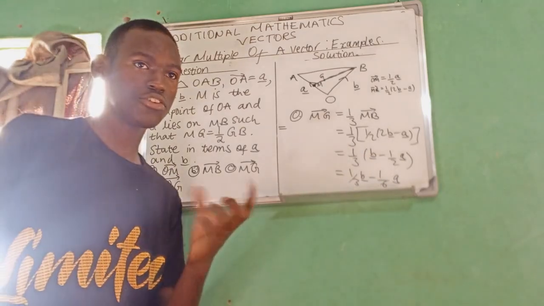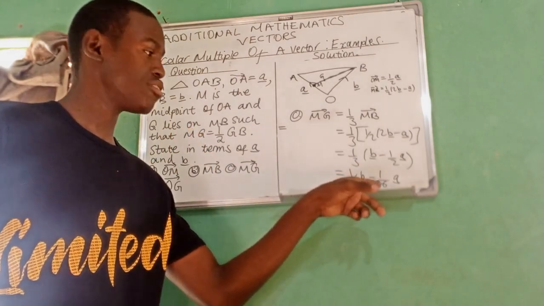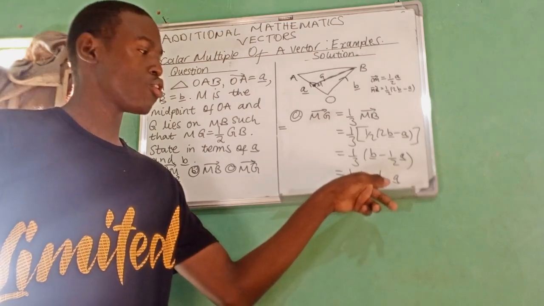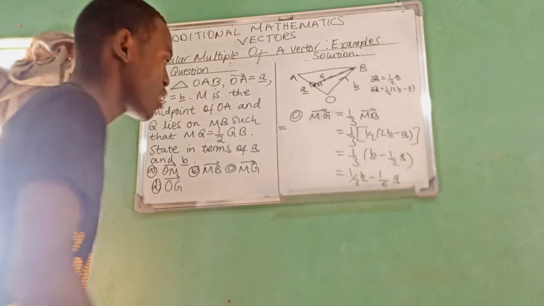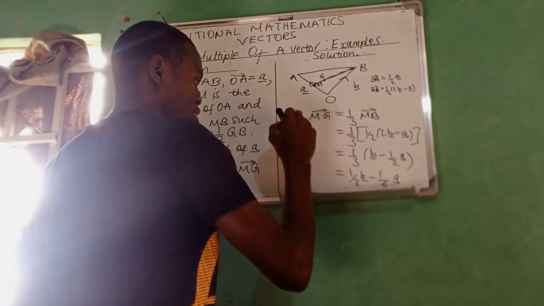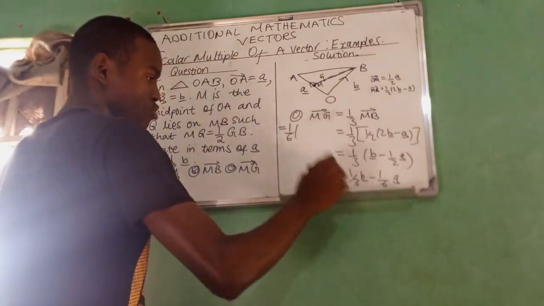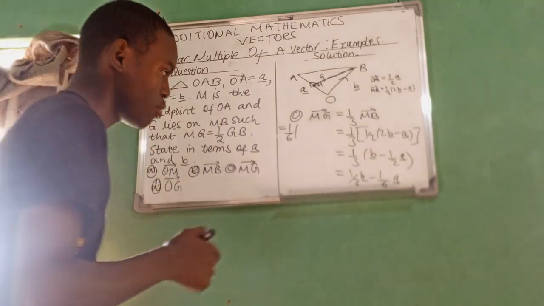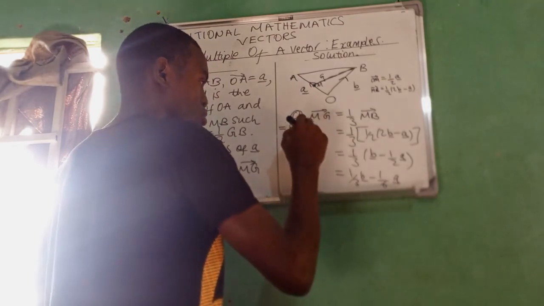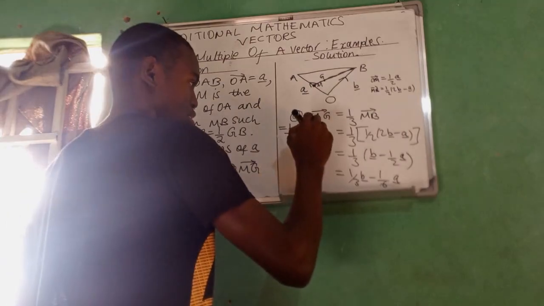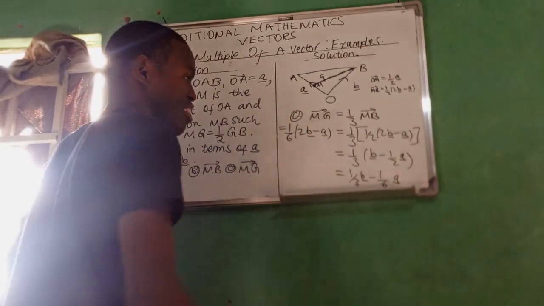The one with the bigger number as the denominator is the smaller fraction, so 1/6 is the smaller fraction. 1/6 can go into 1/3 twice: 1/6 plus 1/6 will give you 1/3. So you say 2 of vector B, and 1/6 can go into 1/6 itself, minus vector A.